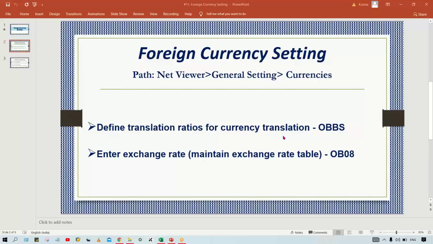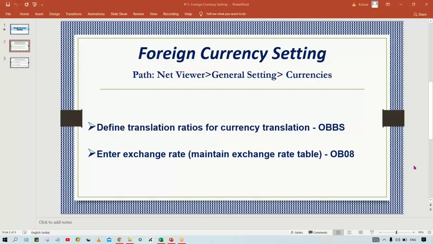Yeah, Jafar, tell me. We use the translation ratio because in the exchange rate we cannot use 5-digit numbers, sir. Only a 4-digit number we can use in the exchange rate.